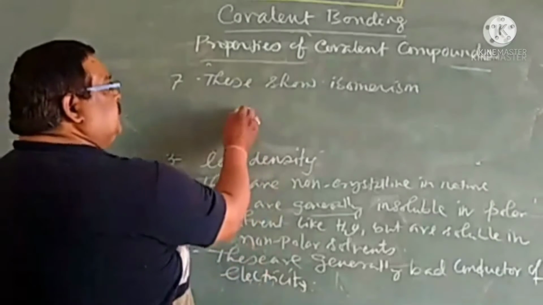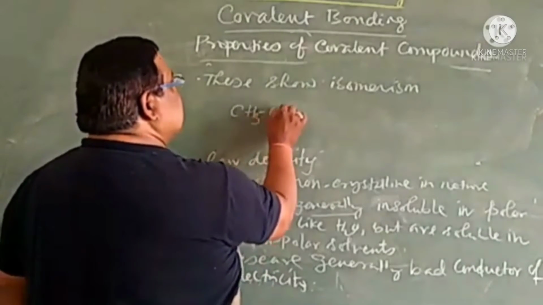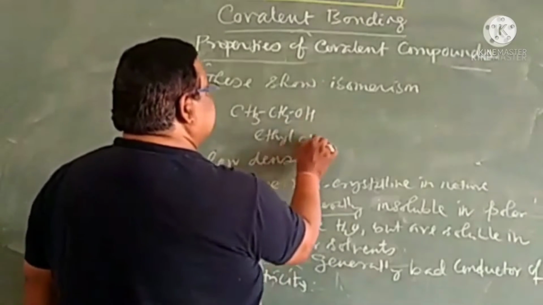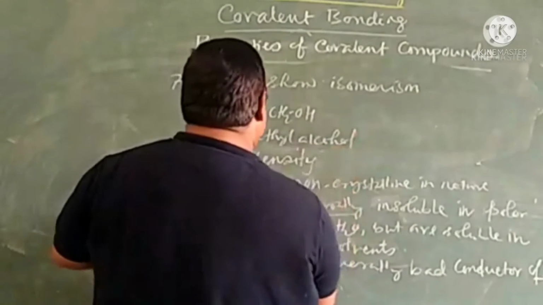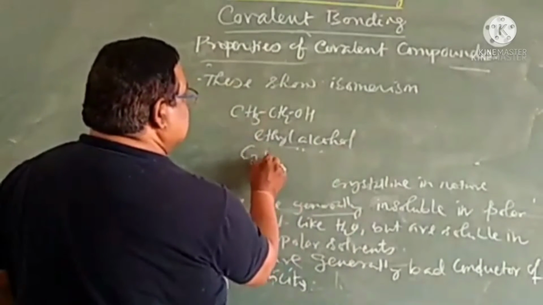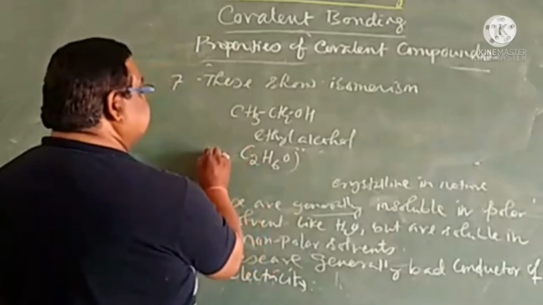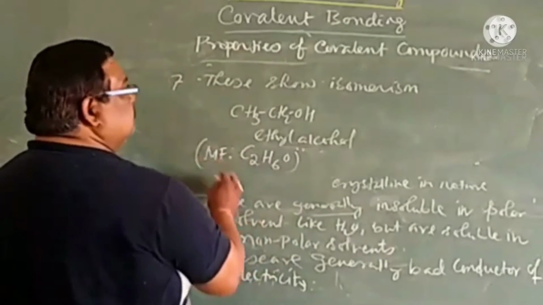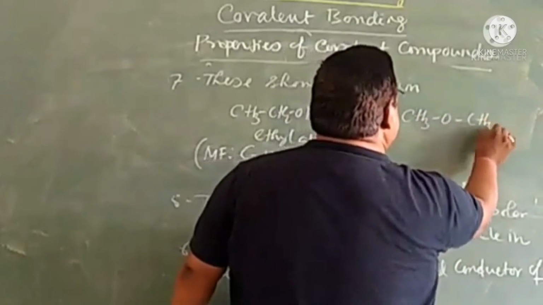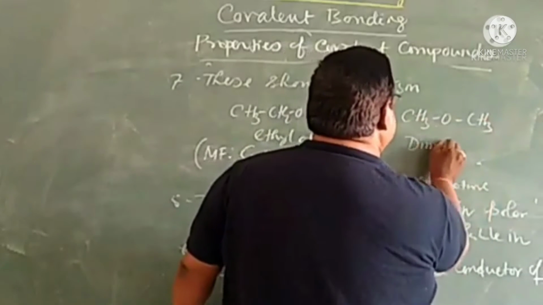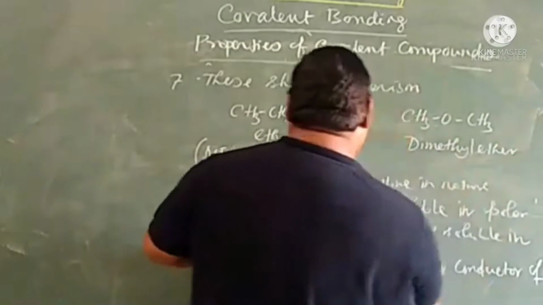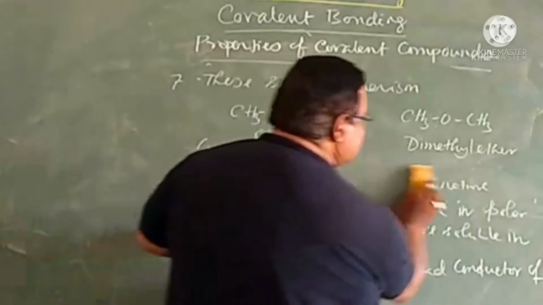For example, here is a covalent compound CH3CH2OH. It is called ethyl alcohol or ethanol, and it has molecular formula C2H6O. Another compound, suppose CH3OCH3, dimethyl ether or methoxymethane.